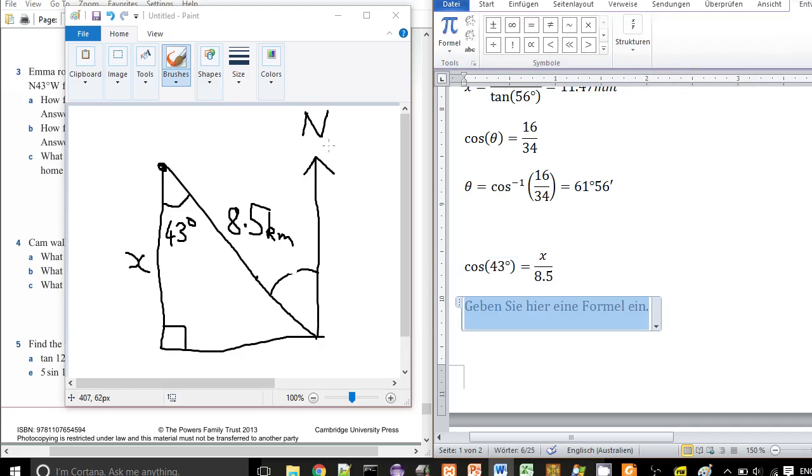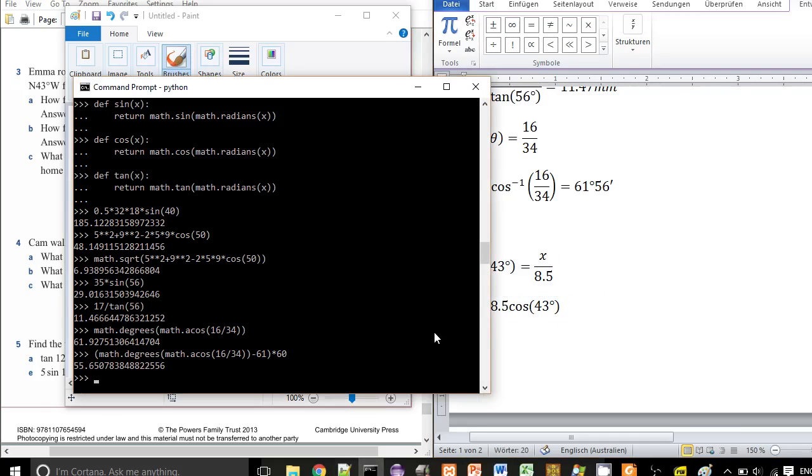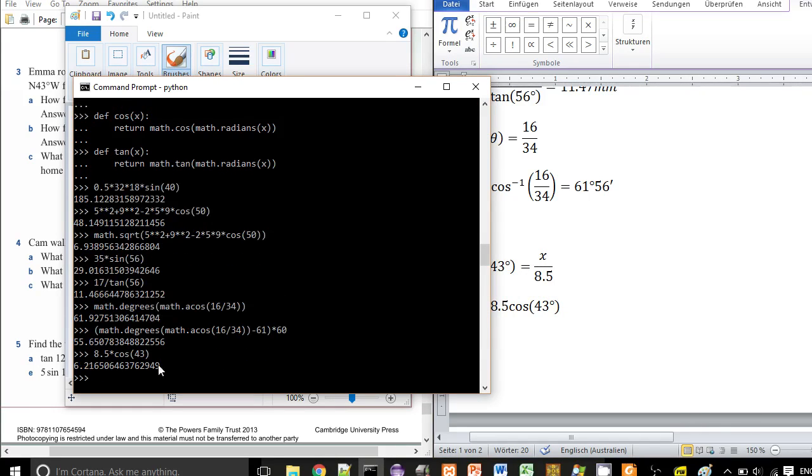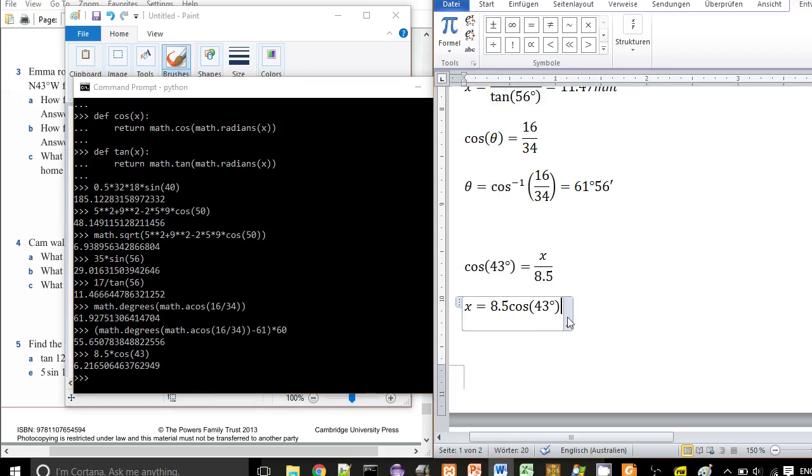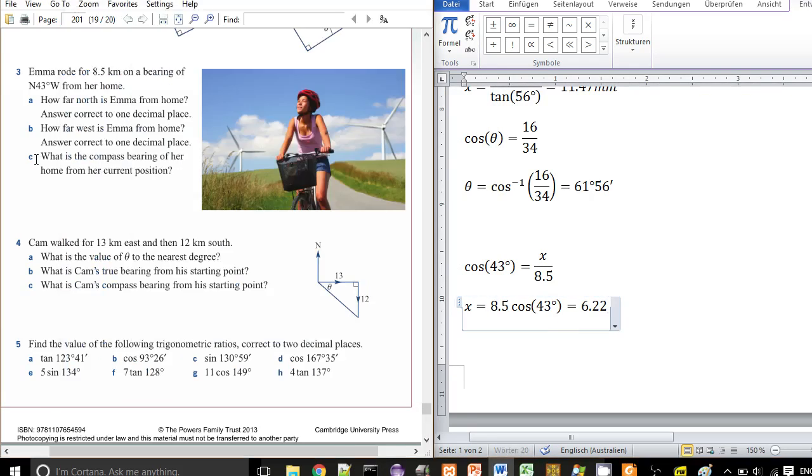We need to times by 8.5, so x is 8.5 cos 43 degrees. Let's try it. 8.5 times cos 43 is 6.22, one decimal, 6.2. And it's kilometers.